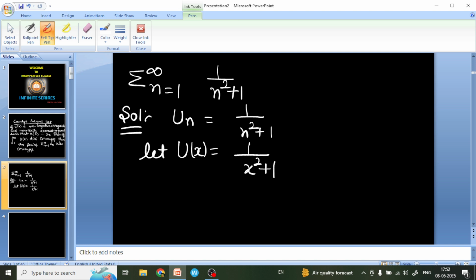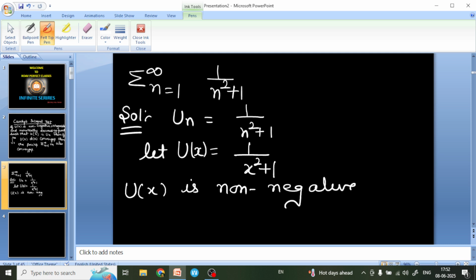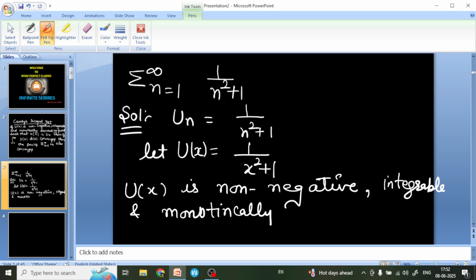It means instead of n we take x here. u of x is non-negative, integrable, and a monotonically decreasing function.